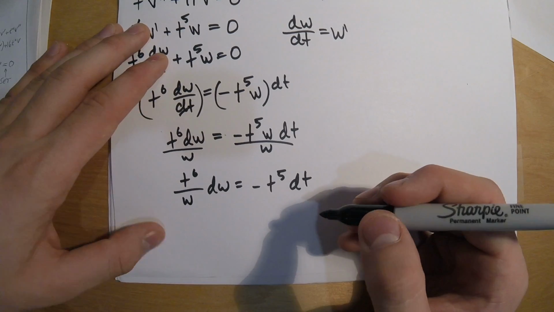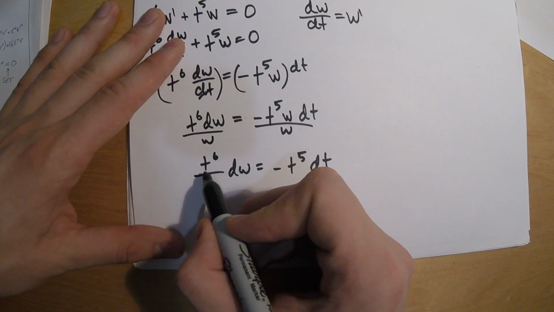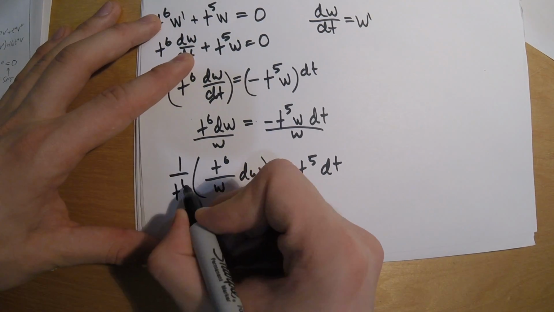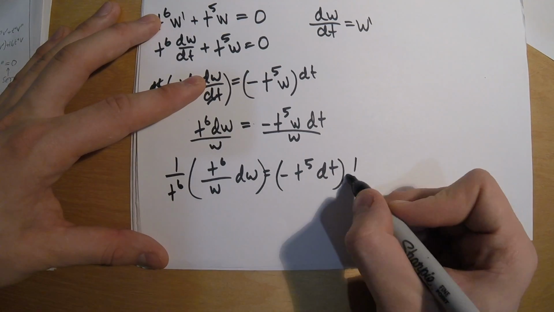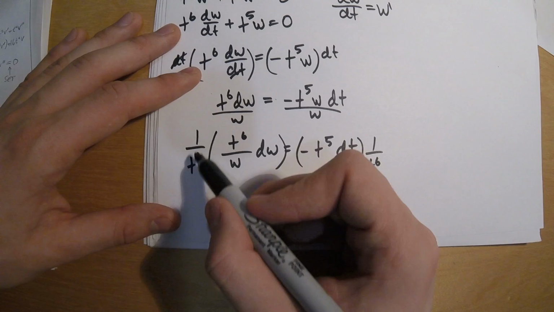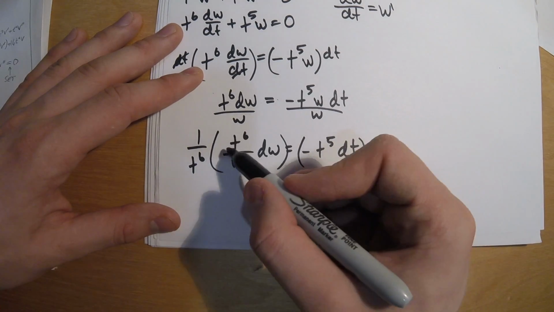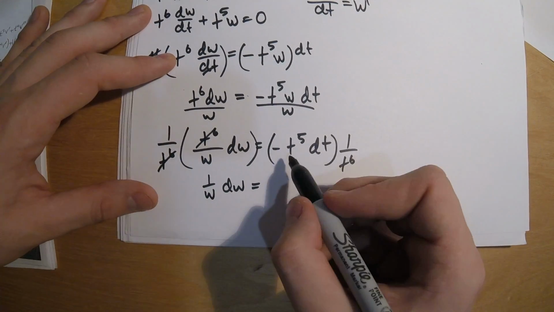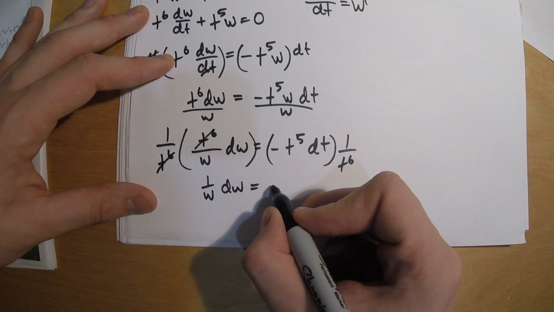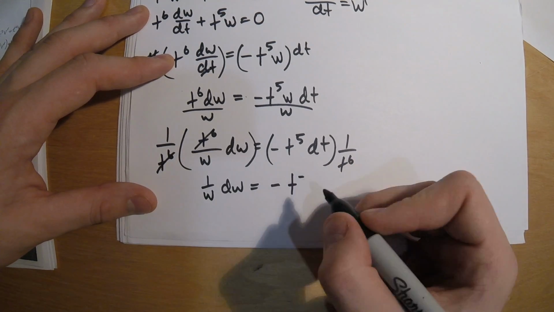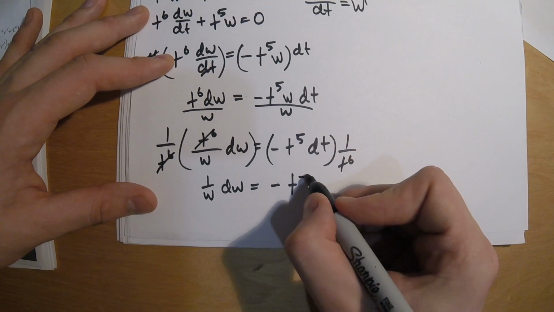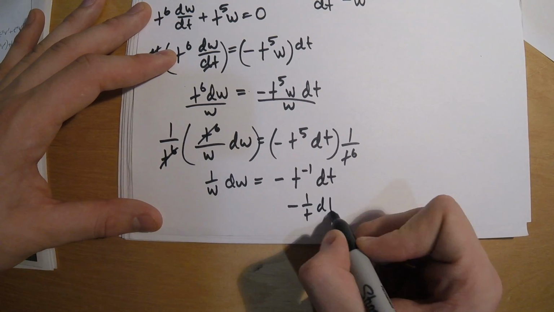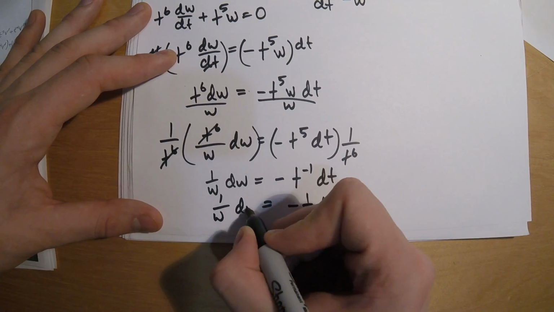So t to the 6th over w dw equals negative t to the 5th dt. Okay, so then we have to get rid of this t to the 6th. So I'm going to divide both sides, or multiply both sides, by 1 over t to the 6th. And if you multiply by the reciprocal of t to the 6th, you get rid of the t to the 6th. So we have 1 over w dw equals, and t to the 5th divided by t to the 6th is going to be negative t to the negative 1 dt, or negative 1 over t dt.